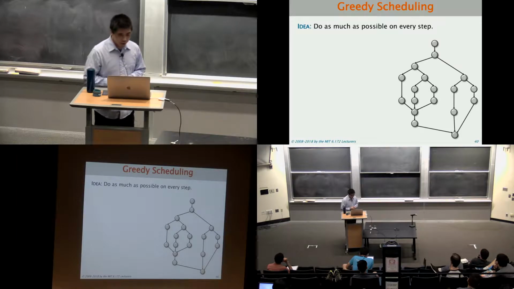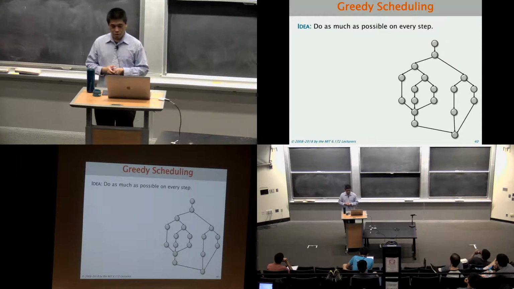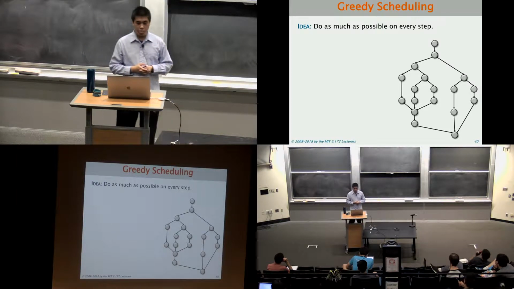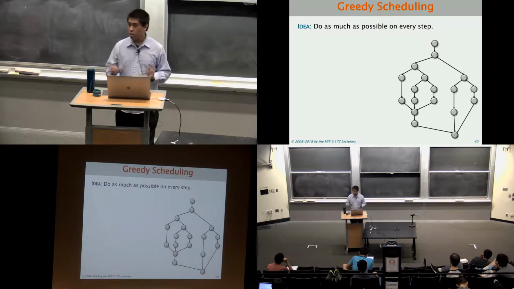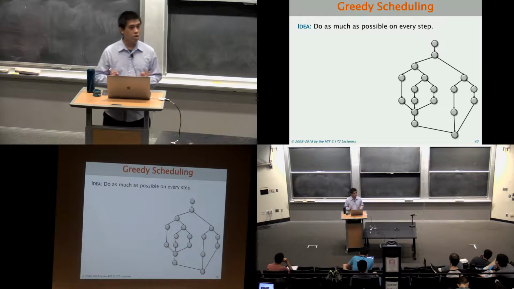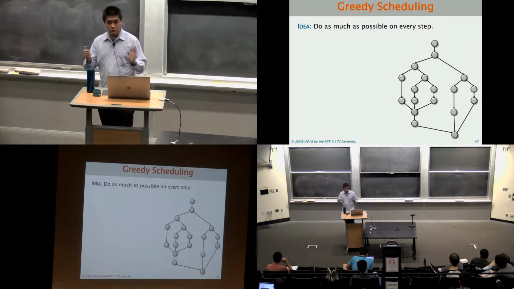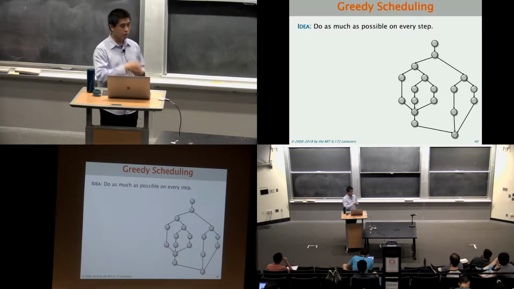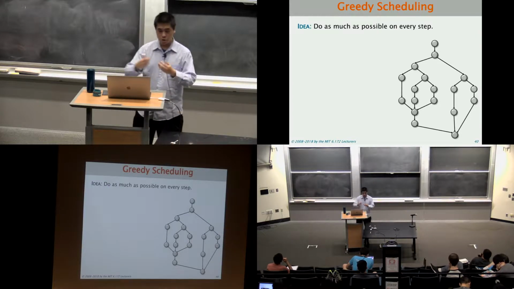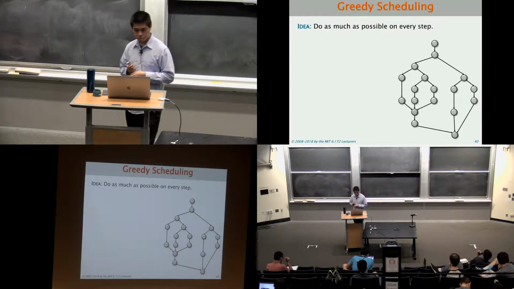So we're going to look at a greedy scheduler. The idea of a greedy scheduler is to just do as much as possible on every step of the computation. Has anyone seen greedy algorithms before? Right, many of you have. The idea is similar here. We're just going to do as much as possible at the current time step. We're not going to think too much about the future.